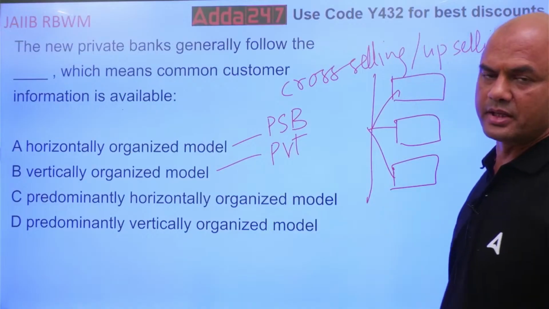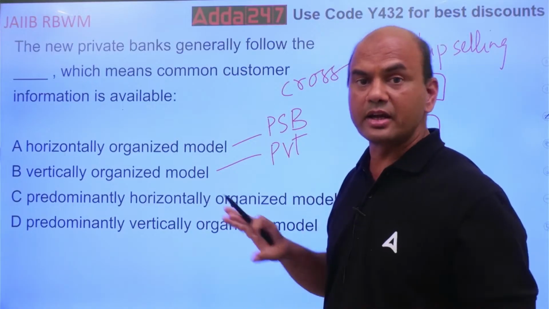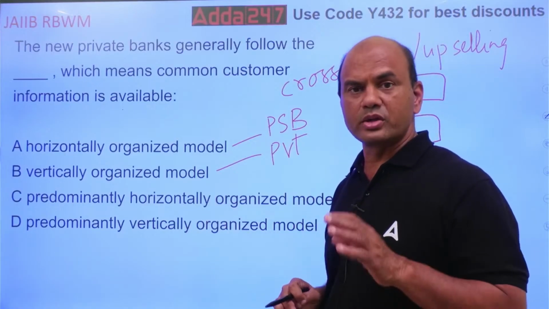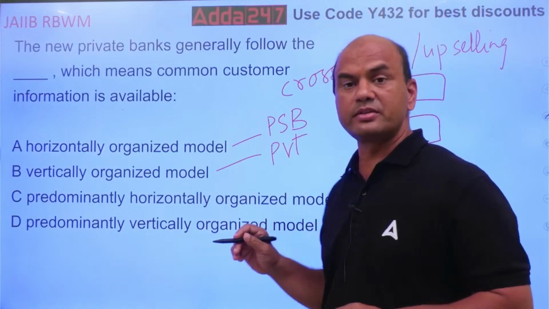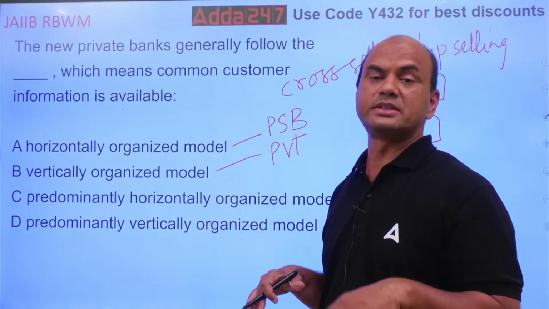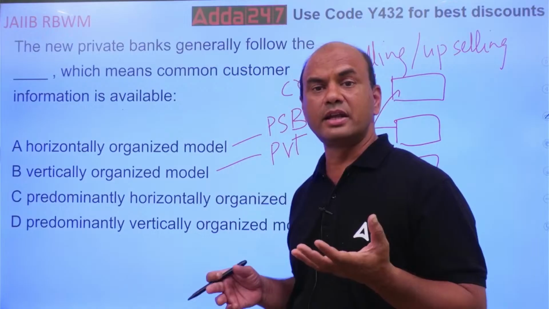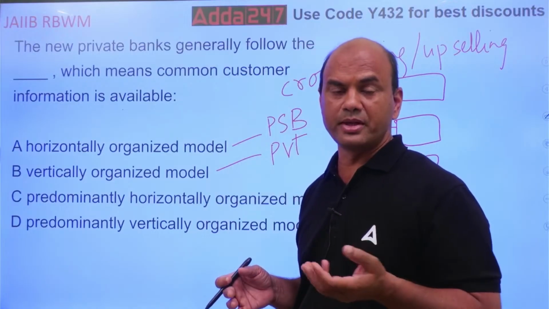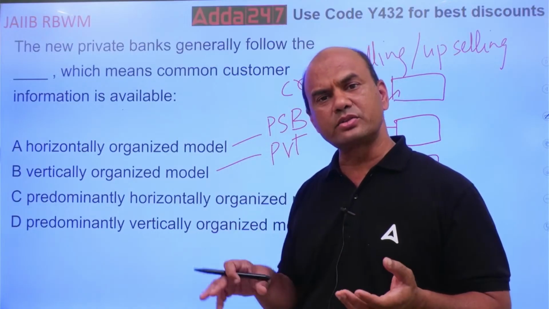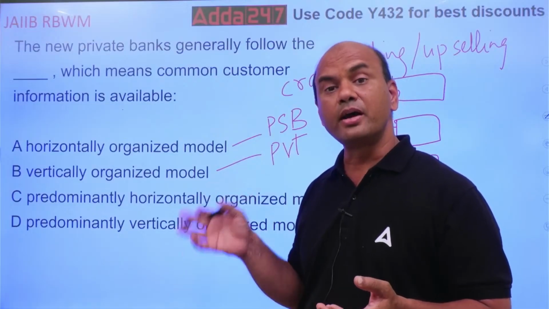Upselling means what? See, there is a difference between cross-selling and upselling. Cross-selling means selling to the customers with the same level of product. Same level means if some customer is having, let's say, a 10,000 rupees savings account, MAB, then I'll sell insurance to that customer, mutual fund to that customer. But upselling means what?